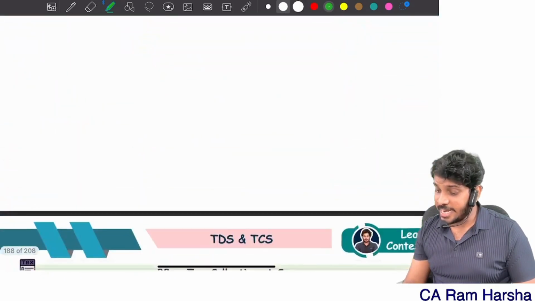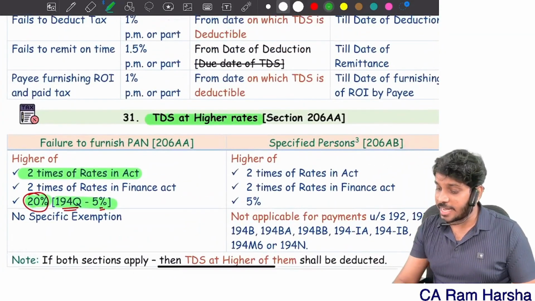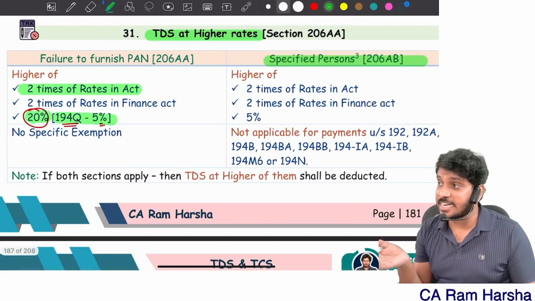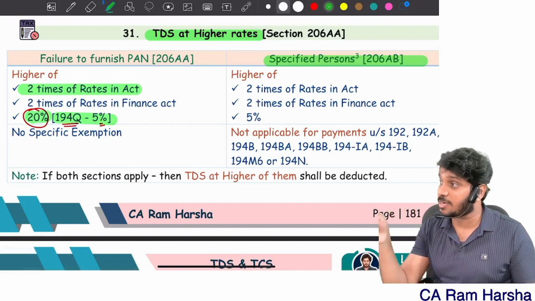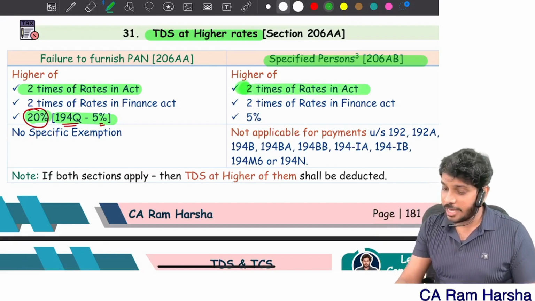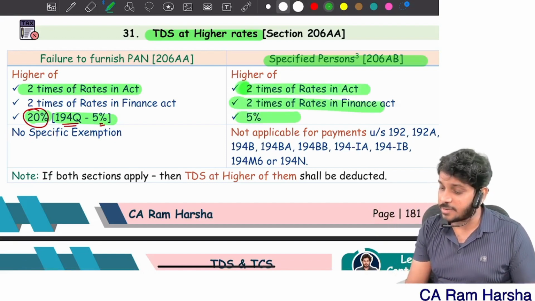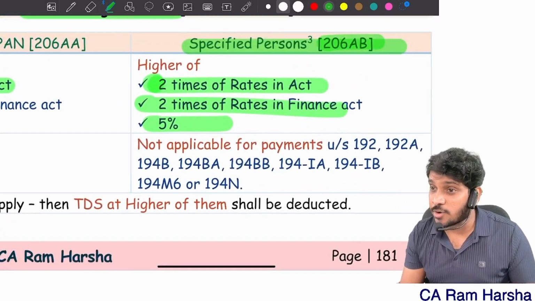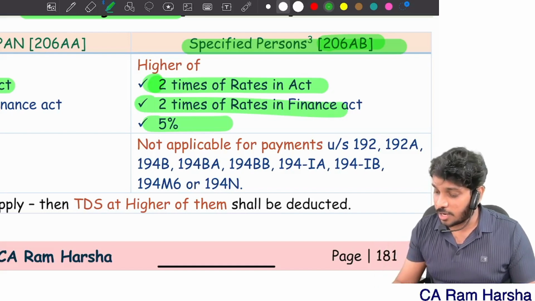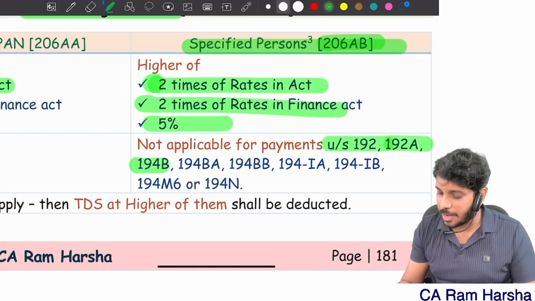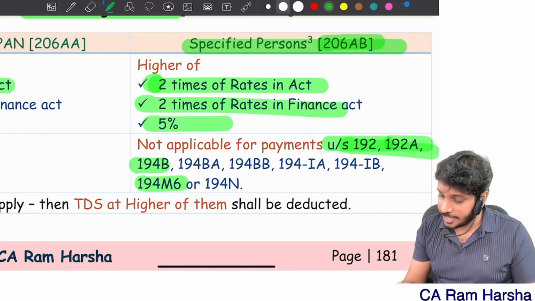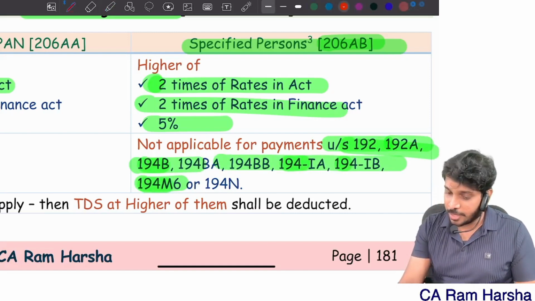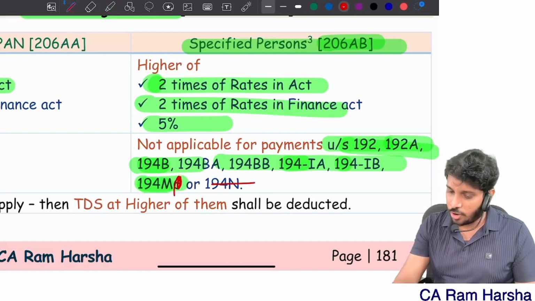Same way, in TDS also, the deductor, payer has to deduct when paying an amount to a specified person who has not filed IT return in the last year and has TDS or TCS of minimum 50,000 or more. That time he should deduct 2 times the section rate or 5%, whichever is higher. This TDS section 206AB, high rate of TDS for non-filers, will not apply to salary payments, pension payments, yes or no? 192, 192A, 192B, 194IA, IB, 194M, here 194B you remove, and 194N.